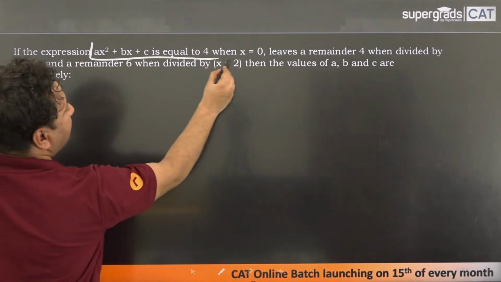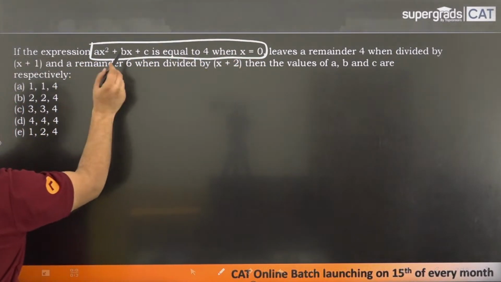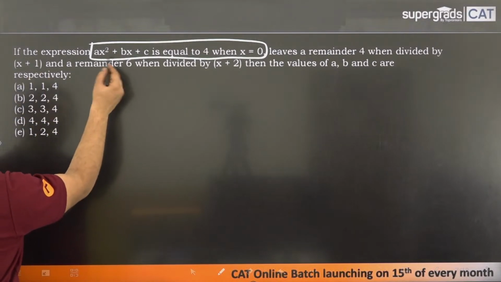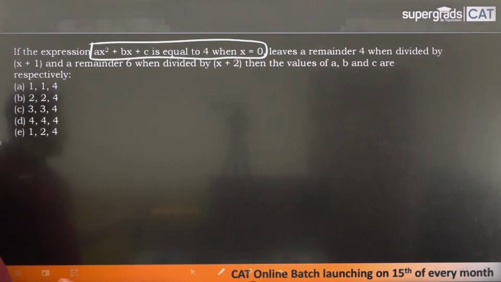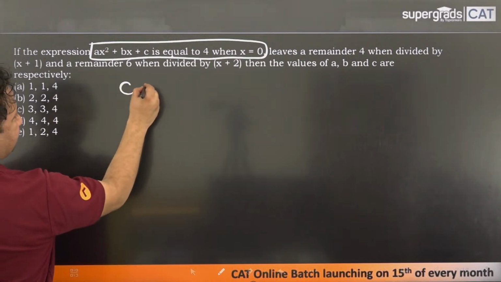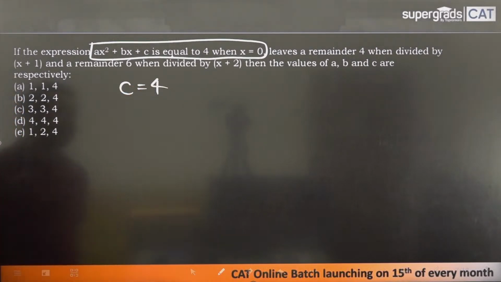From the first line itself, if I put x equal to 0, this a and b will be useless. All we have is c is equal to 4. From the first condition itself, that is what we get. अगली कंडीशन बोल रहा है कि leaves the remainder of 4 when divided by x plus 1.